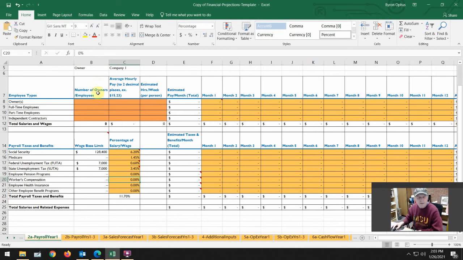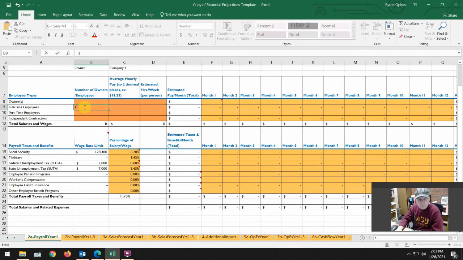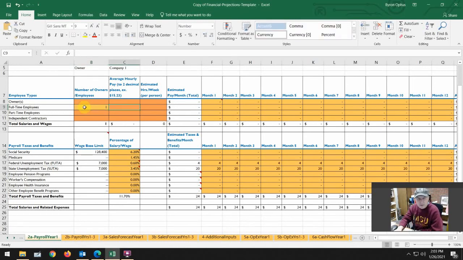Then we get down to full-time employees, and what we want here just says numbers of owners or employees. So I just want to know, am I going to have maybe just one full-time employee, and the average hourly pay, assuming we don't get the increase in minimum wage pretty soon. This could be anything, if we're in Montana, of Montana's minimum wage, which I didn't check to see what it went up to, but probably about $8.50, somewhere in that neighborhood.